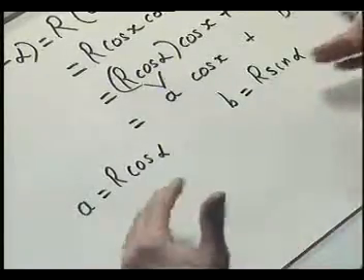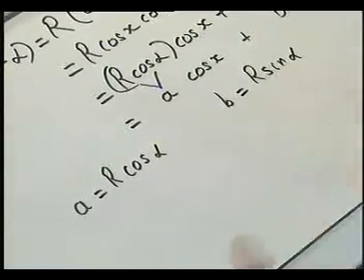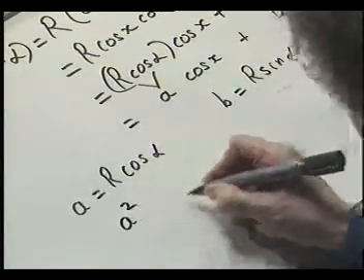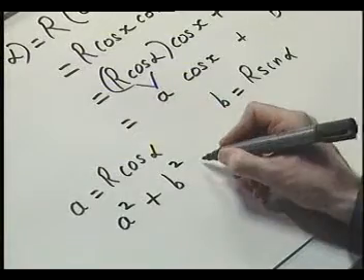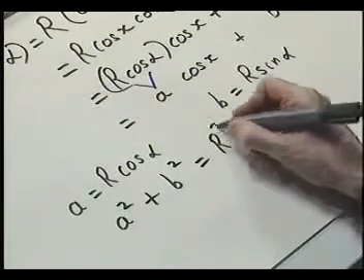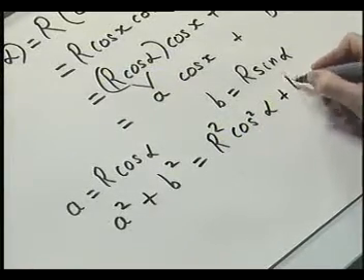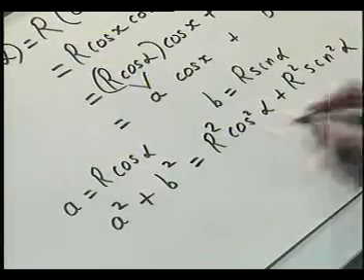Now, how can we bring these together? Well, one way is to notice that cos squared plus sine squared is 1. So let's square this one, A squared, square this one and add the two together. A squared plus B squared is R squared cos squared alpha plus R squared sine squared alpha.